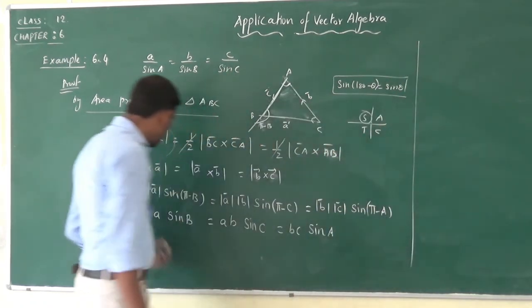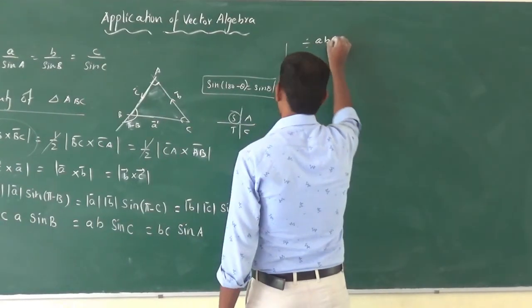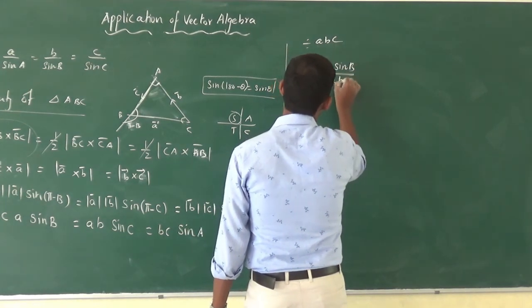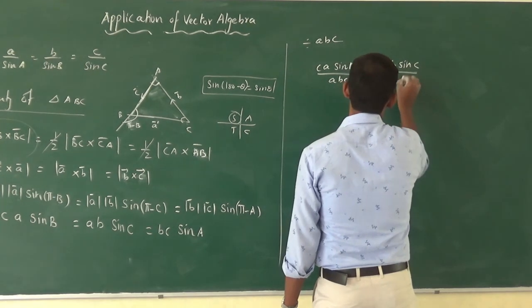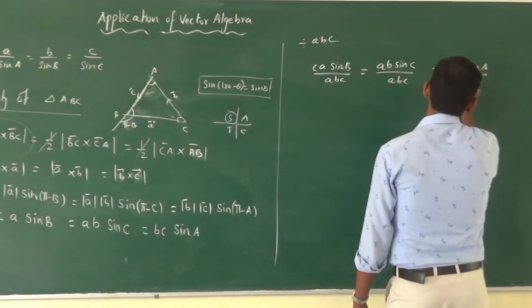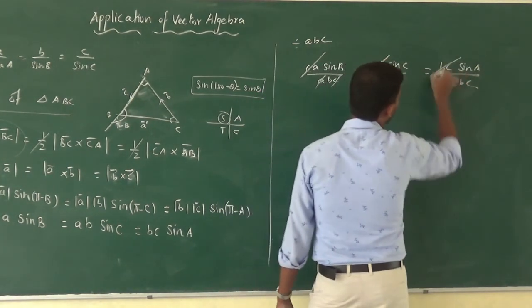Now divide by abc throughout. What do we get? ca sin B by abc is equal to ab sin C divided by abc, which is equal to bc sin A divided by abc. So ca cancels, ab cancels, bc cancels.